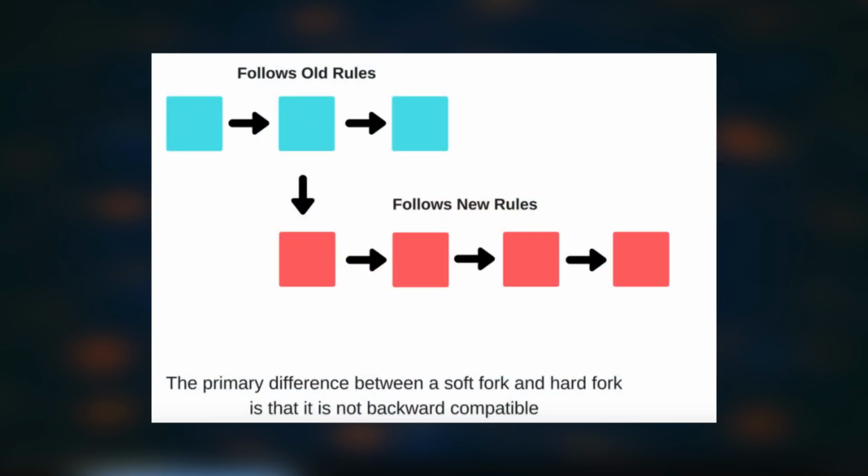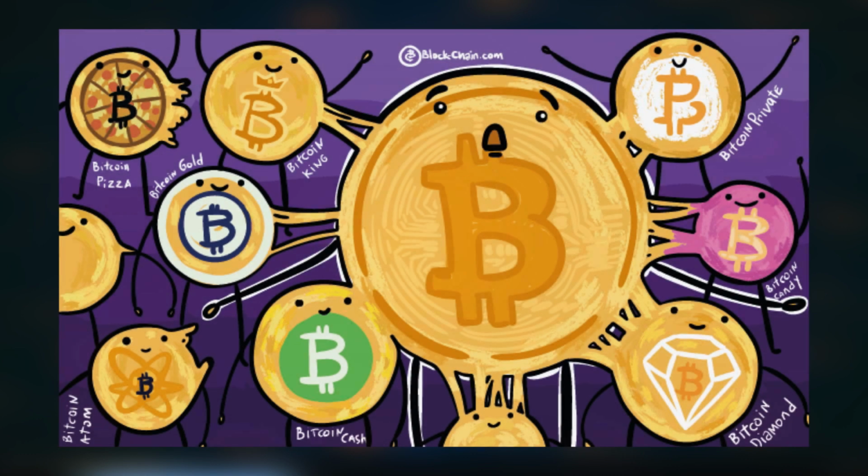They want to continue the coin the way it was or go in a different direction. That's how Bitcoin Cash, Bitcoin Gold were basically created, or Ethereum Classic. Forks happen quite a lot. There are many different Bitcoins out there.